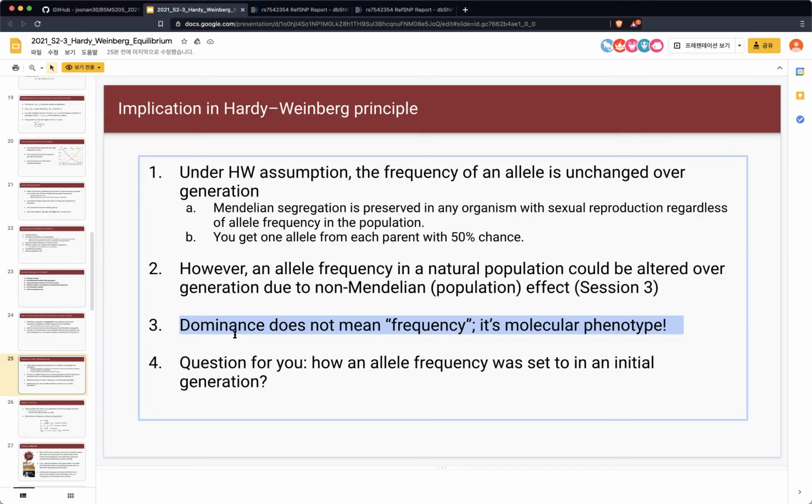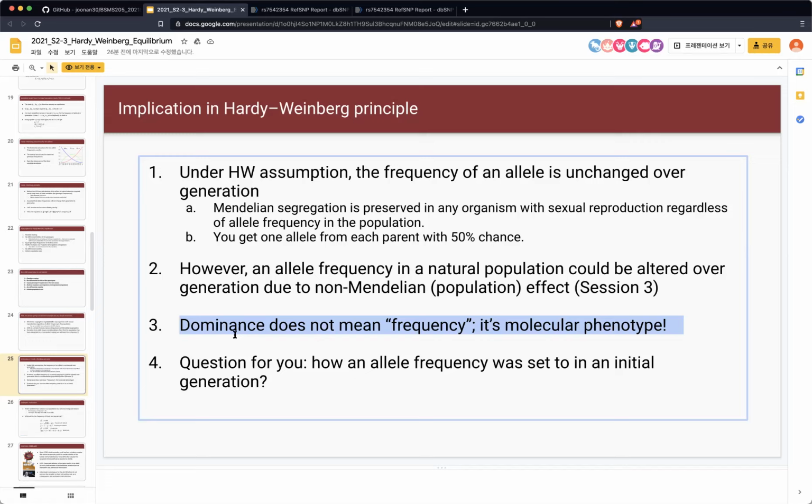So think about that question in your mind, because the allele has to arise sometime in our generation and be transmitted to the next generation, and the alleles constitute some proportion in our population. But then the question is how does an allele arise at the initial generation, right?